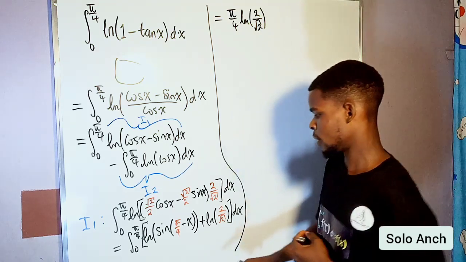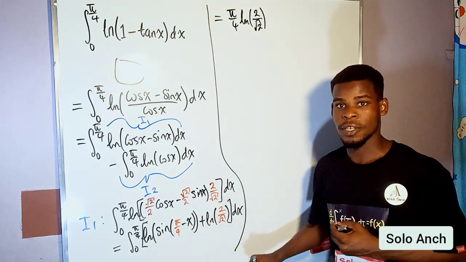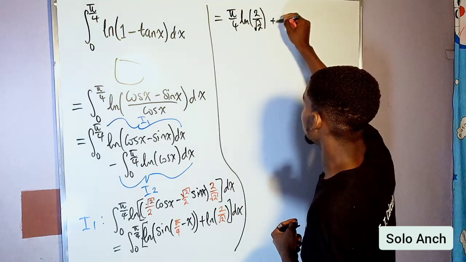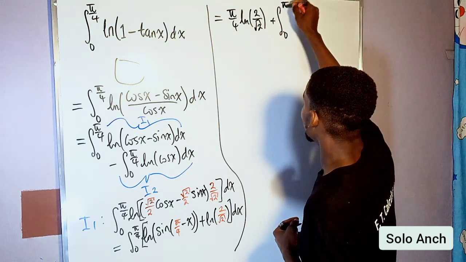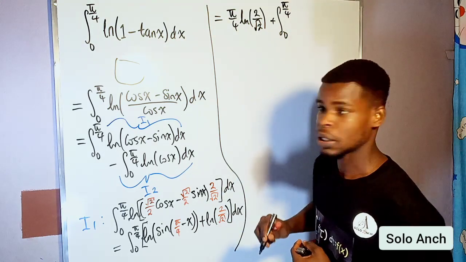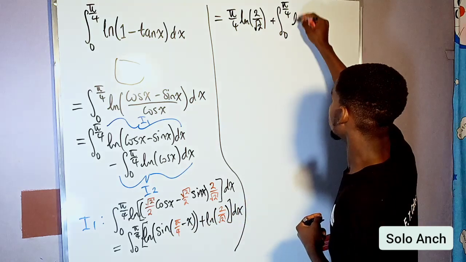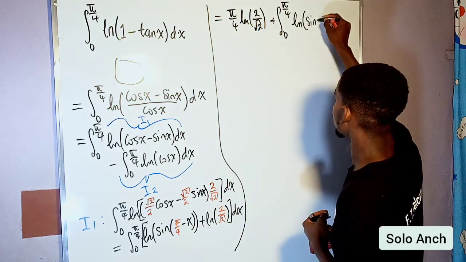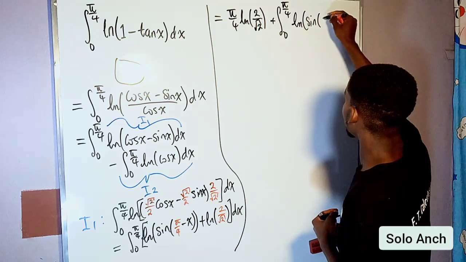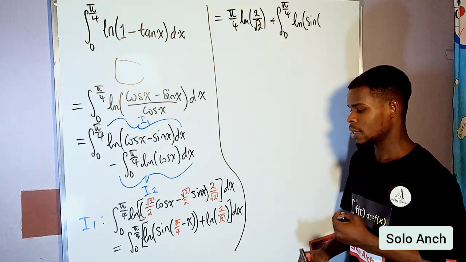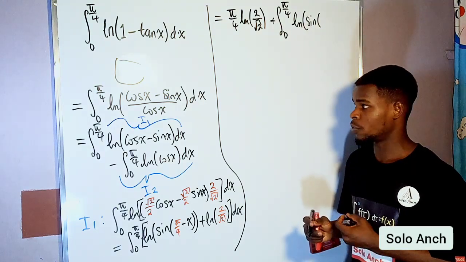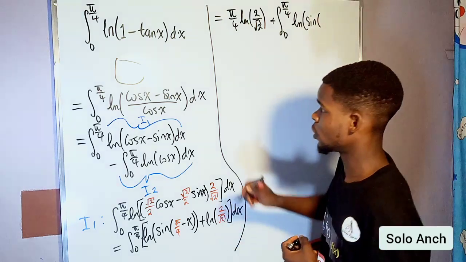Okay, that's nice. Then we add it with the integral of this right here. So we're going to add that with the integral from 0 to pi over 4 of the natural logarithm of sine of pi over 4 minus x. Here, maybe let me point out the rule which I stated at the beginning of the video.